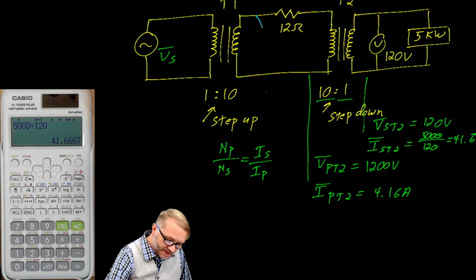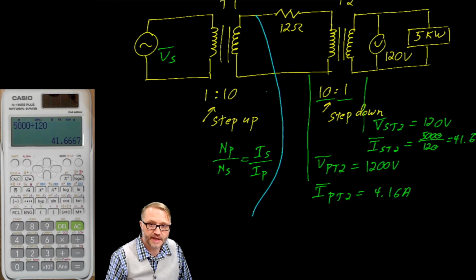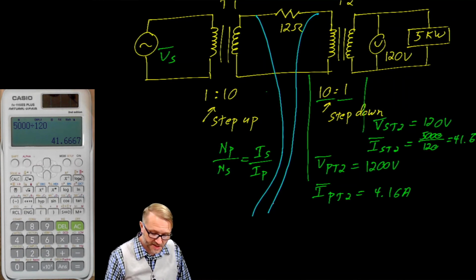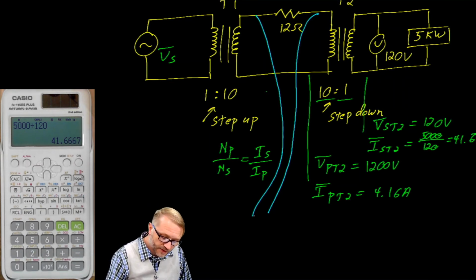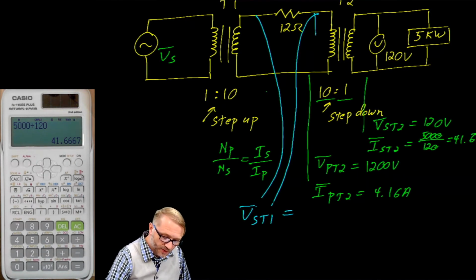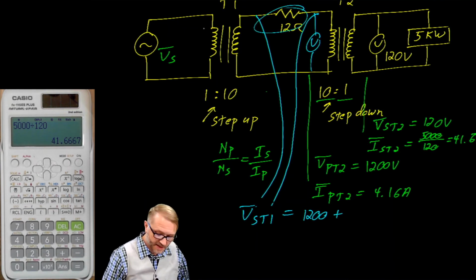This next piece is very, very, very important. And it's the one thing that helps you understand what the transformer is used for. There is a 12 ohm resistor up there. If you were to calculate the voltage on the secondary of T1, you would say that is this voltage here, which we already said was 1200 volts, plus the voltage drop across that resistor.